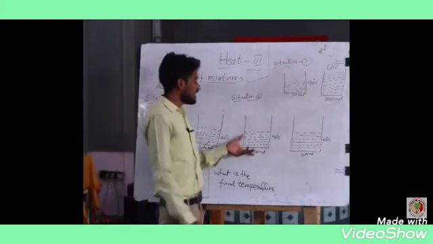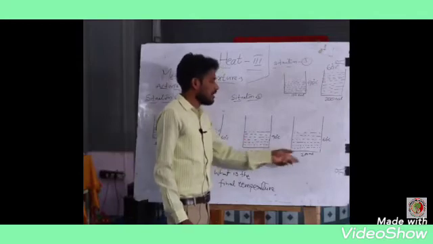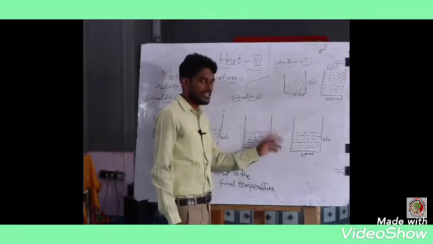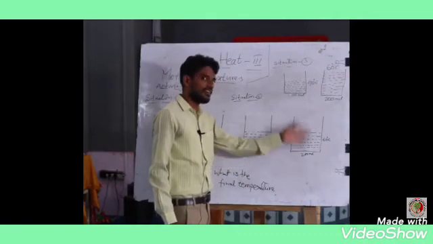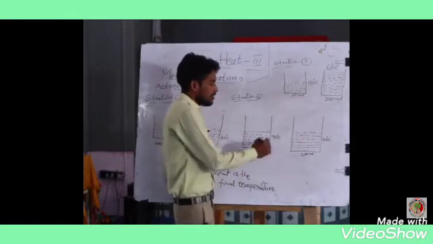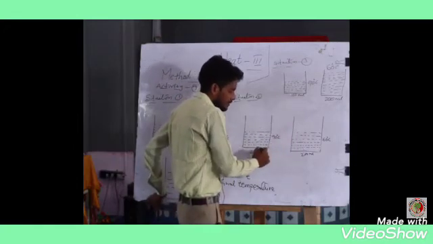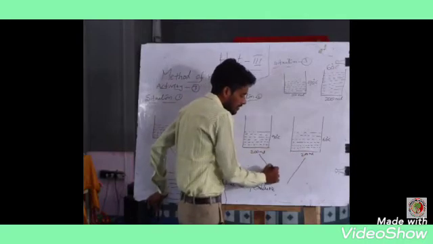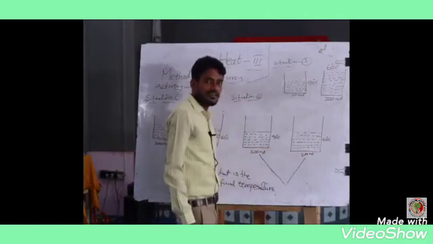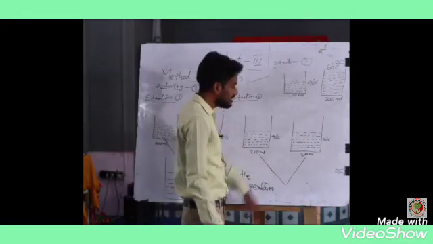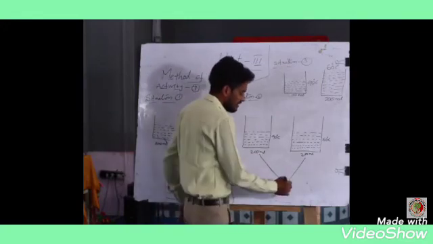In the second situation, the volume is the same, 200 ml and 200 ml. Heat the first beaker up to 90 degrees centigrade and the second one to 60 degrees centigrade. Again, mix them in a large beaker. What would the final temperature be? Obviously, 75 degrees.